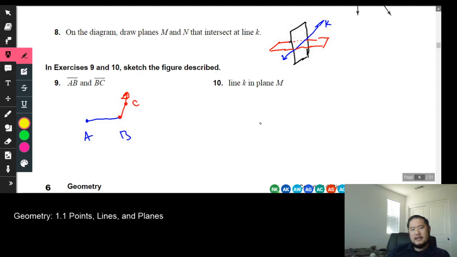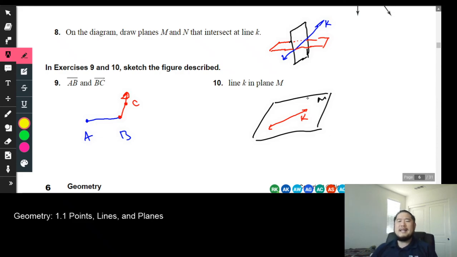This line K is actually in plane M. So what I could do is just draw a plane. We got ourselves M right here, and I can draw a simple line. I don't need to draw points because they said that we can just label this K. As long as I put a little lowercase k down right there, I know that that is a line.